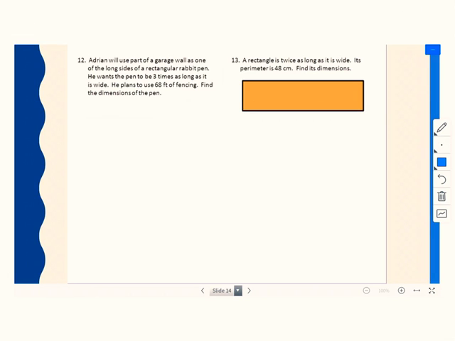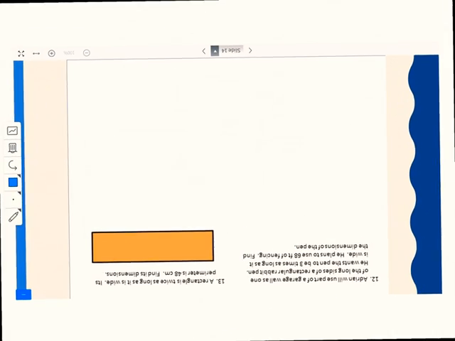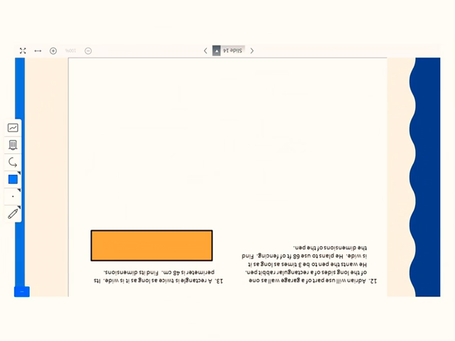Okay, Adrienne will use part of a garage wall as one of the long sides of a rectangular pen for her rabbit. So it says he wants the pen to be 3 times as long as it is wide. So if we draw ourselves a little drawing, here's the garage.